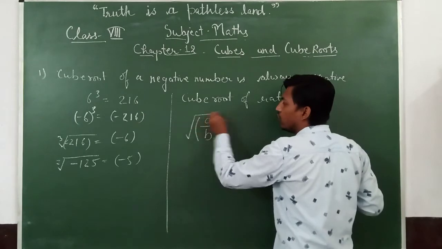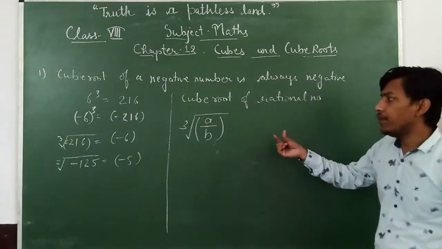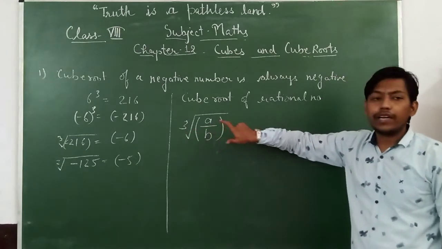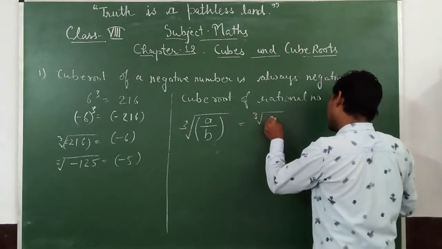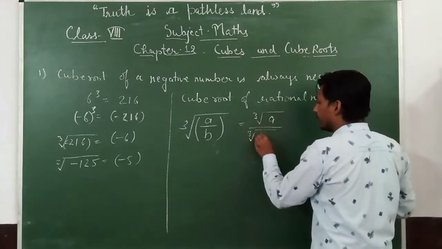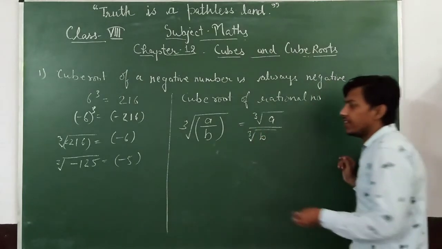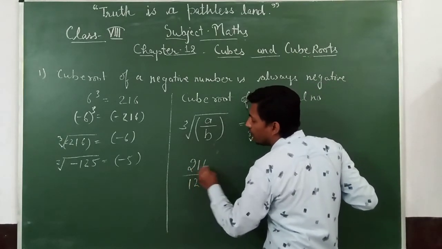We have to find the cube root of A upon B. We simply apply the cube root to both numerator and denominator: cube root of A divided by cube root of B. Let's take an example: 216 upon 125.